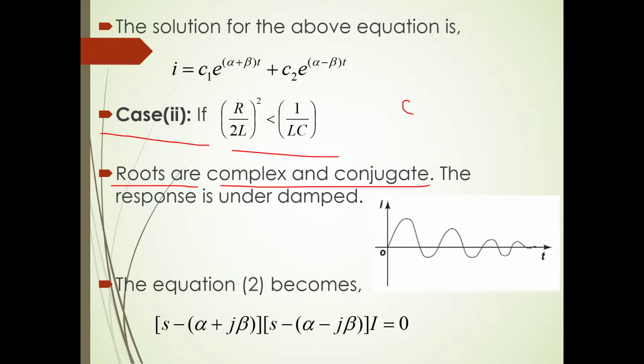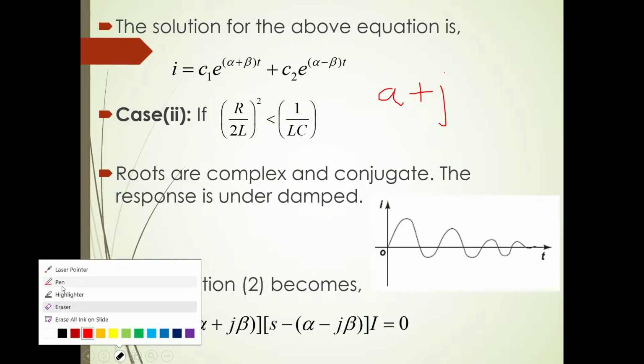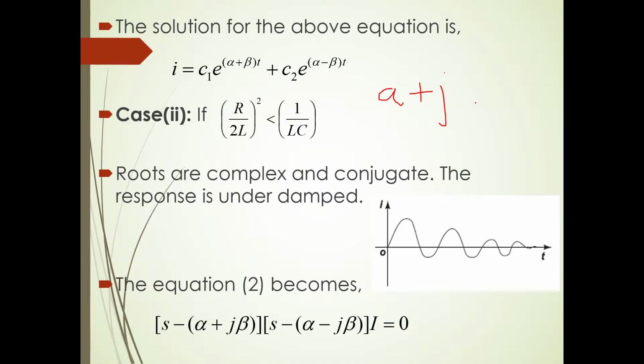Complex conjugate means if one root is A plus JB, the other root will be A minus JB.